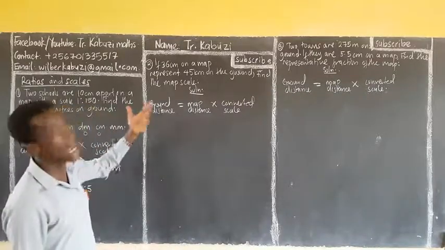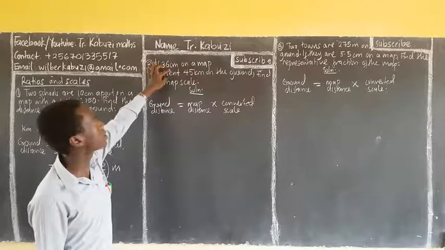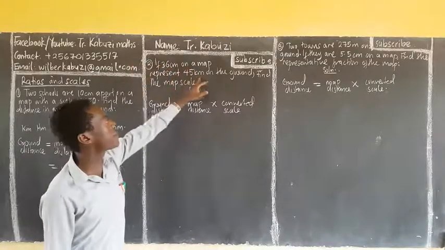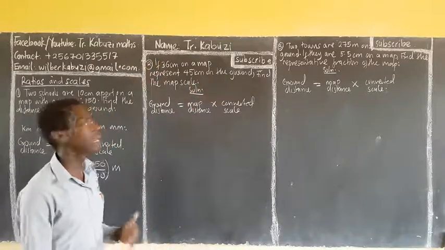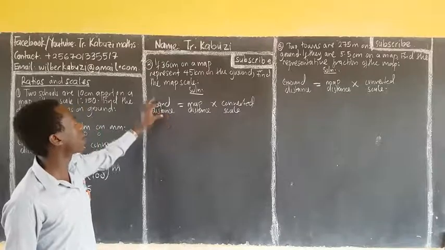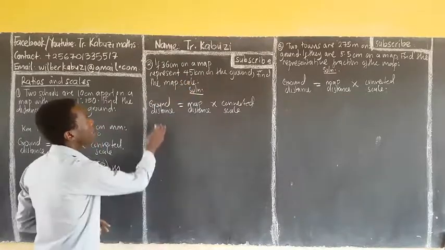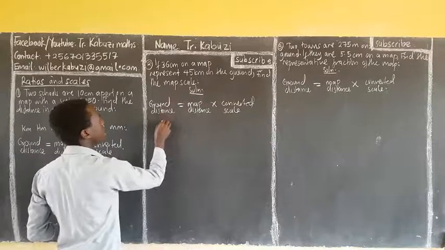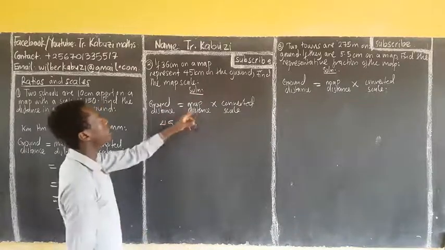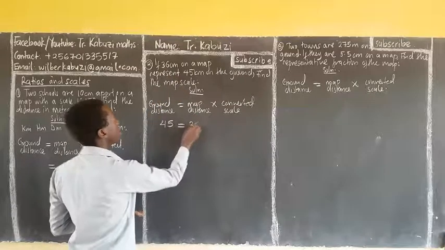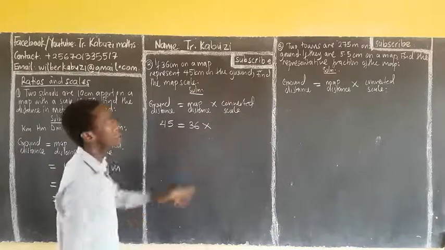Now the next question: the distance on the map of 36 centimeters represents 45 kilometers on the ground. Find the map scale. They want us to get the scale. The ground distance is 45, equal to the map distance 36 times the scale.